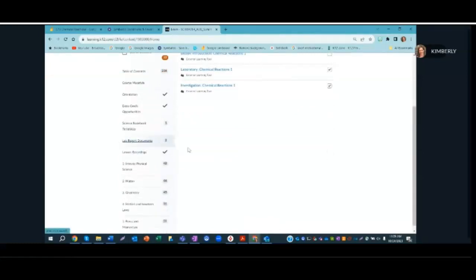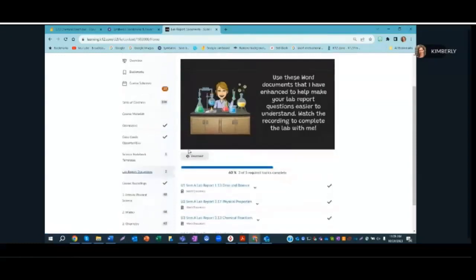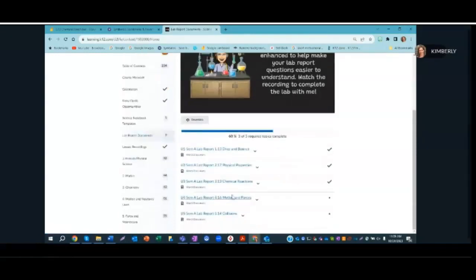Okay, so when you click that, you are able to see the lab report Word documents that you need for units 1 through 5. And again, these are the same questions that you have in the document that's in the lesson 3.12 or in the lab lesson.